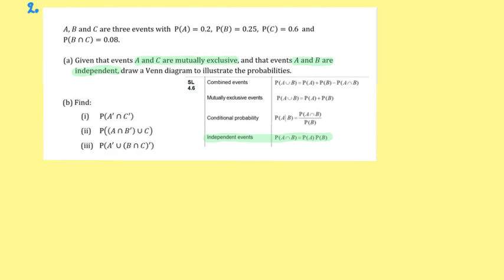So the Venn diagram I've drawn is shown. I've got A and B, they have an intersection. B and C have an intersection, but A and C do not.